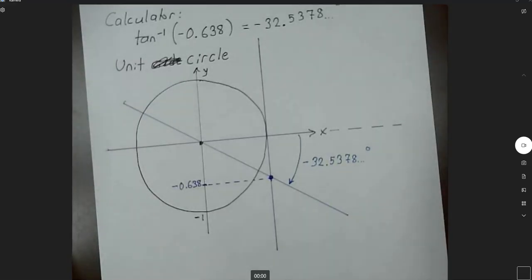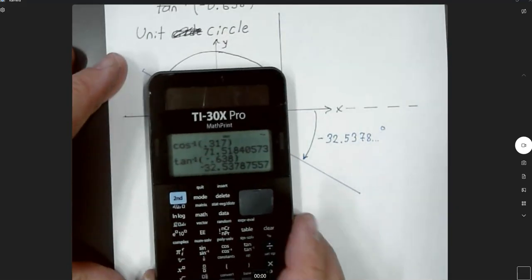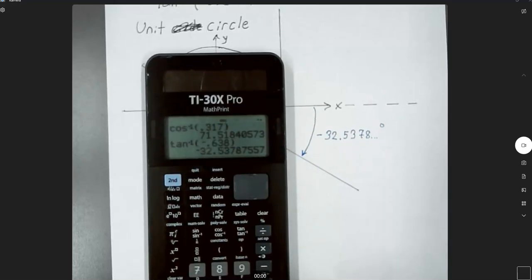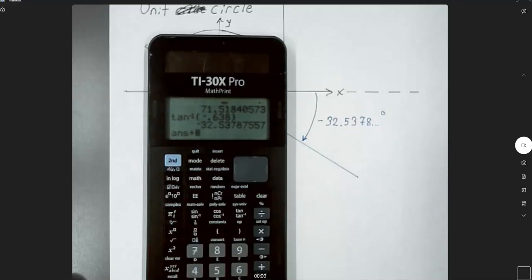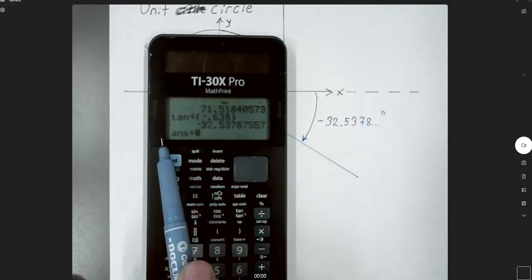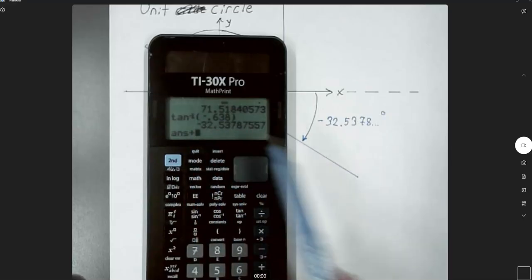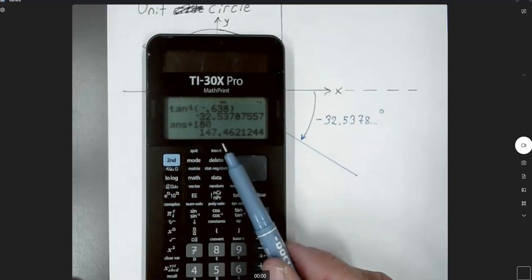If we check that, I have this value of that angle in the calculator, and if I add 180 degrees to the answer, I will get this kind of angle.